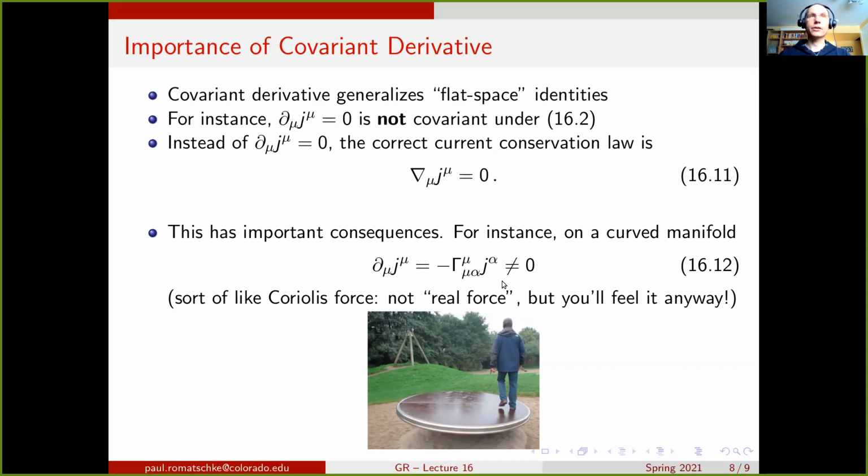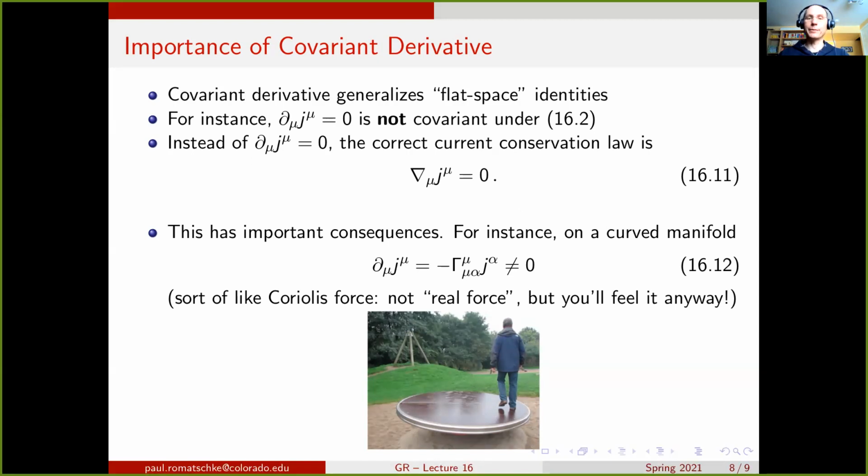Note that this is also the reason that sometimes people will say that gravity is not a real force. We'll find that the whole effect of gravity, which we still have to formulate in the theory of general relativity, is due to these fictitious geometric effects here. And that's one particular way that you can think about it.